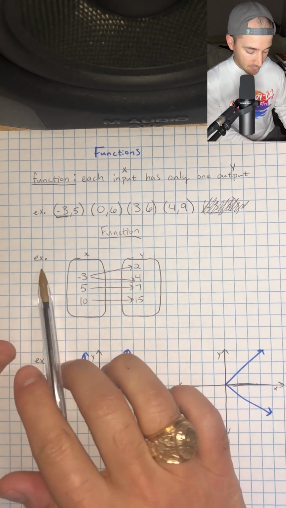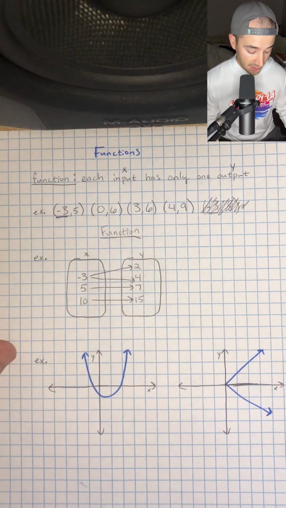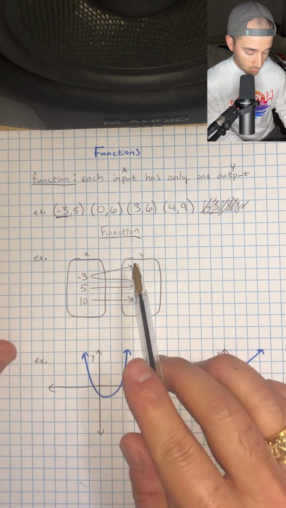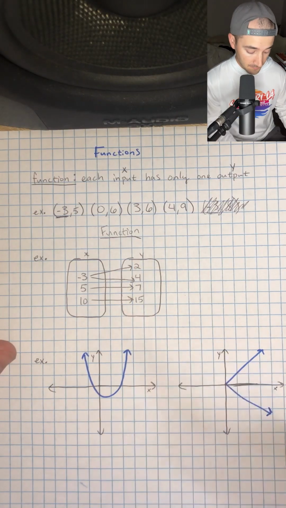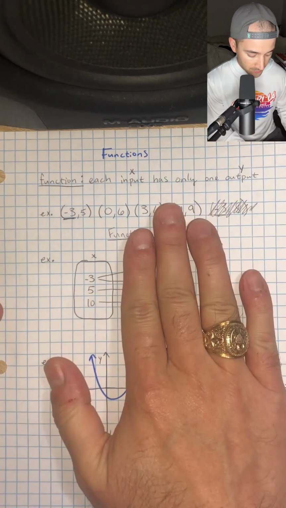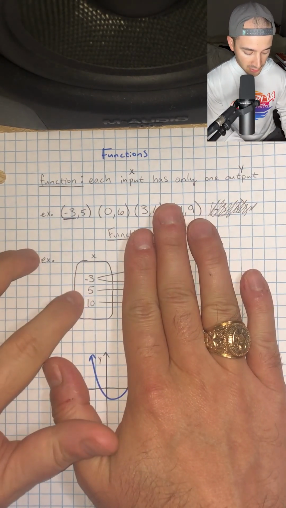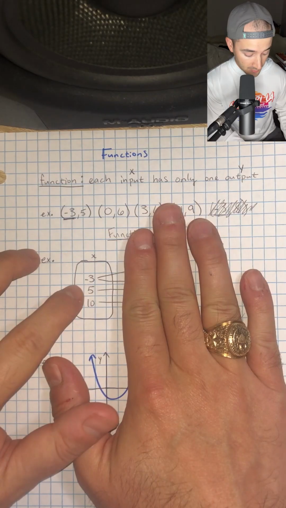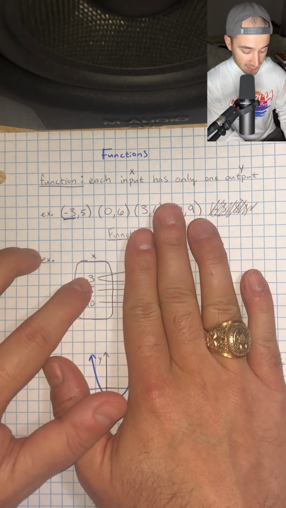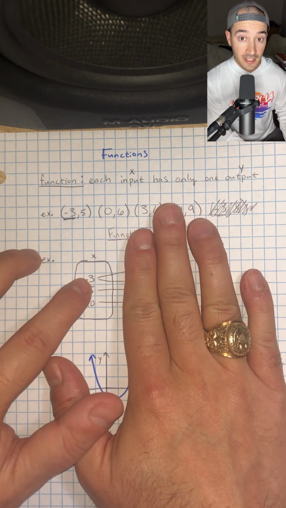So our second example, this time we have a mapping, and basically the way a mapping works is that the x value points towards the y value that's associated with it, okay? The easiest way to determine if a mapping is a function is to cover up the right side and only look at our x values, okay? If we have an x value that has more than one line or arrow leaving it, then it is not a function, okay?